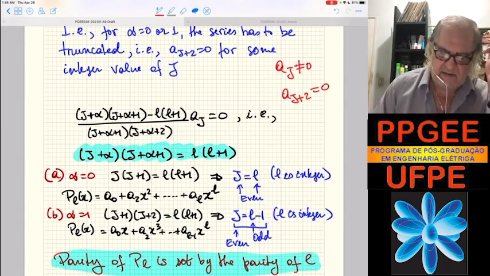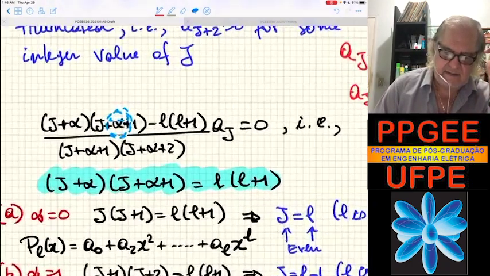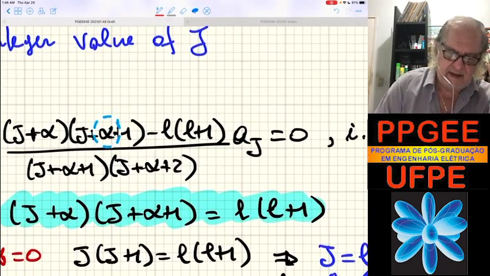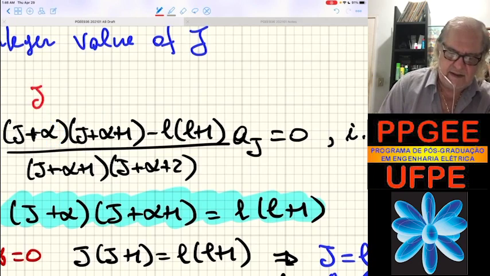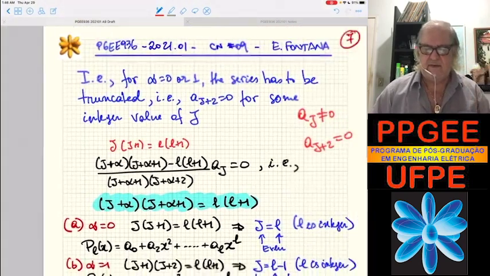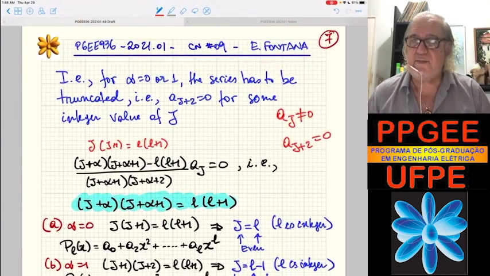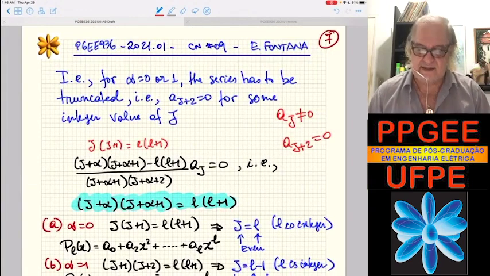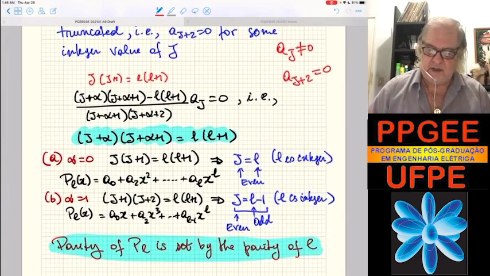For alpha equals 0, you have to use that in here, and you're going to have J plus 1 equals L plus 1. Notice that J is a positive index, so the solution is J equals L.